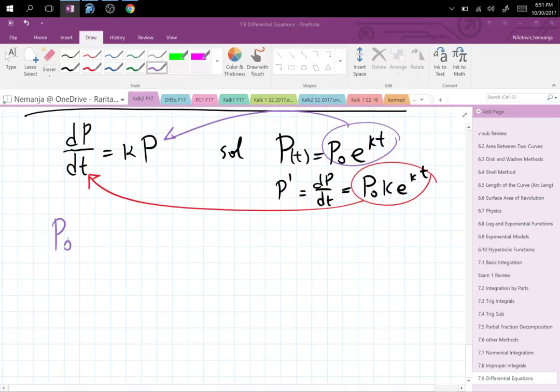You get p0 k e to the kt is equal to k p0 e to the kt. Well, p0 k or k p0, it's commutative, it's the same, so we got the equation to check out as we plug in the solution. It's as simple.